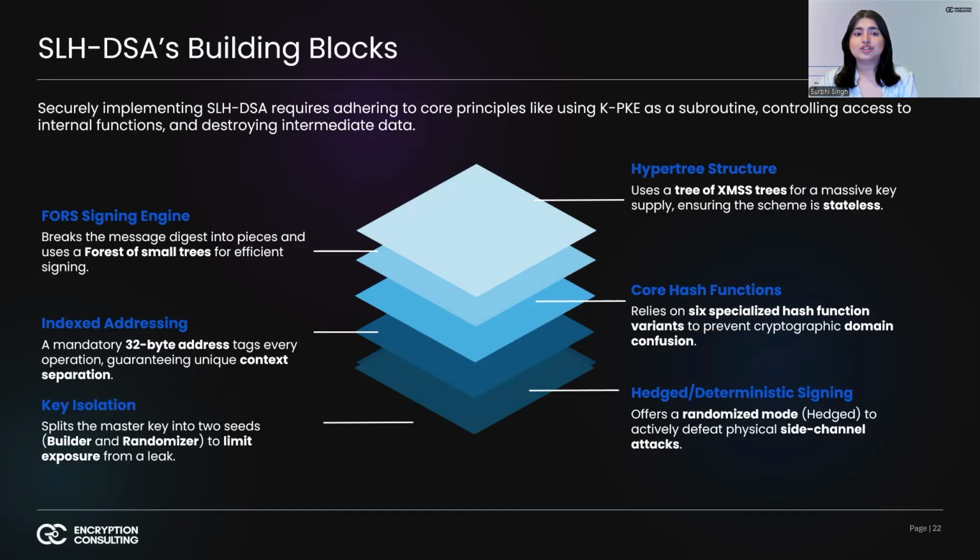This strict isolation means that if the randomizer key is ever compromised, the master builder seed remains secure. This compartmentalization limits the potential damage of any single leak, enhancing the overall security of the entire signature structure.